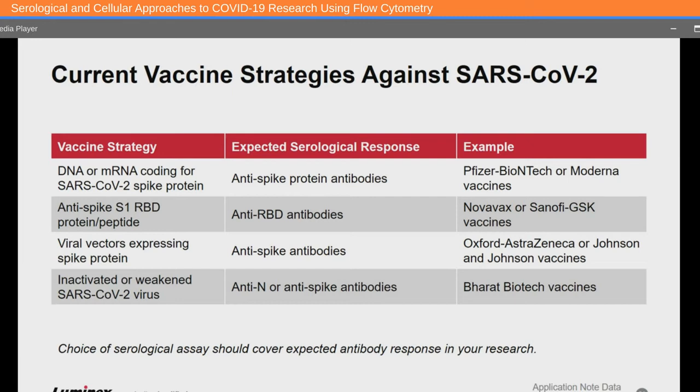So one really needs to understand what vaccine was given to a donor and what is the expected response. One also needs to make sure that the assay of choice has a dynamic range which can detect samples from early infection to high level of antibodies which can be observed in some vaccinated donors.